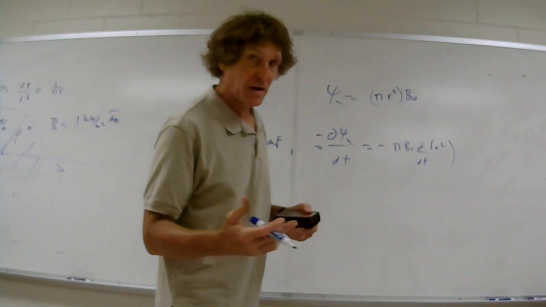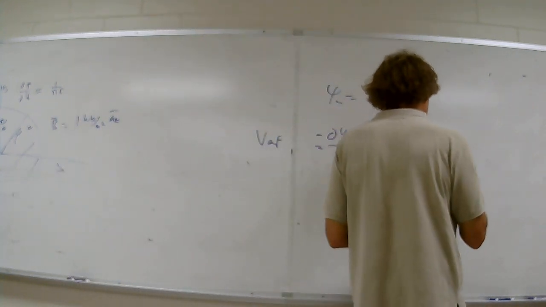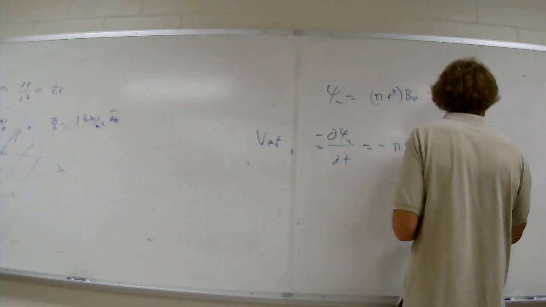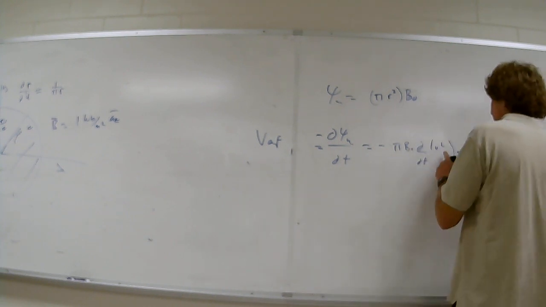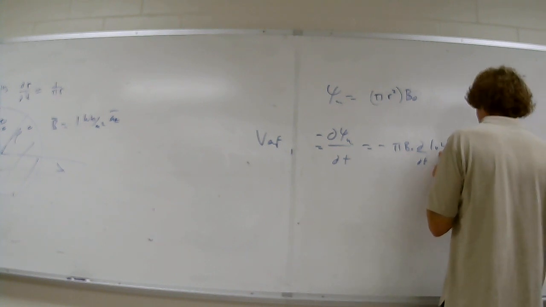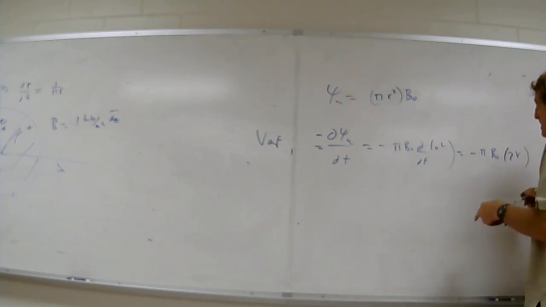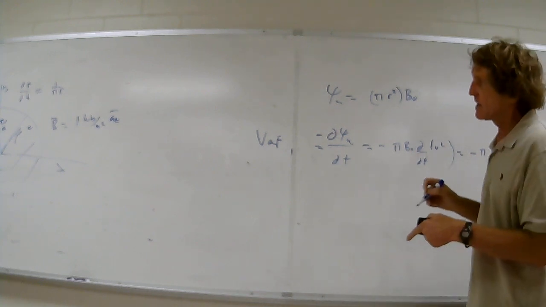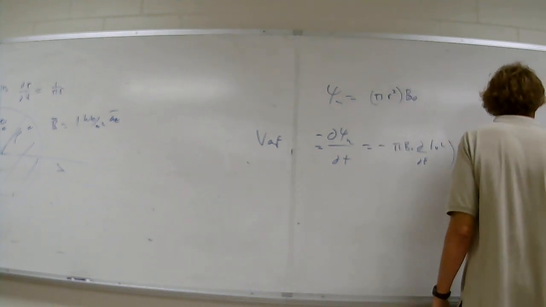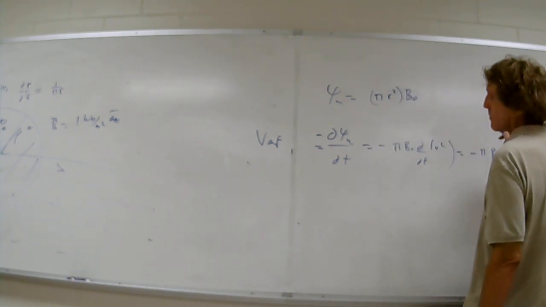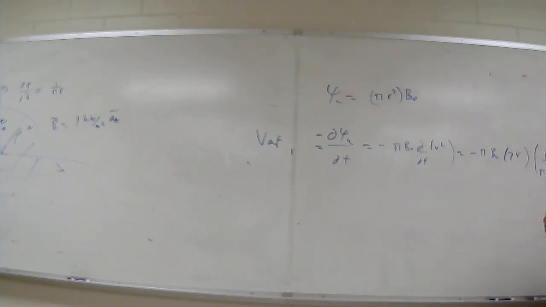The derivative is going to be equal to minus pi B naught times the derivative with respect to t of this, which is 2 times r, and then we have dr/dt. He gives dr/dt as 1 over pi r. Do y'all follow me on this?